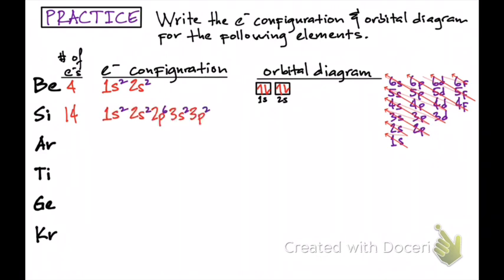All right, so that would be 1s2, 2s2, 2p6, 3s2, 3p2. So again, when you add up all the electrons, that should equal 14 electrons. So in terms of the orbital diagram, you have 1 box for a 1s, another box for the 2s, and then 3 boxes for the 2p and 3p.